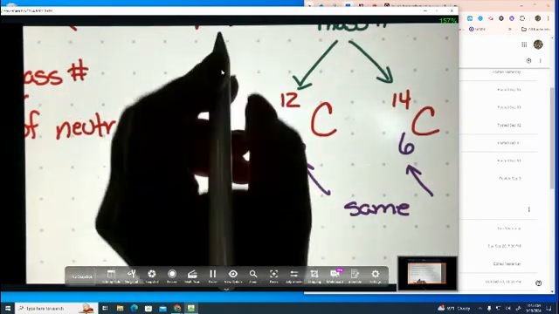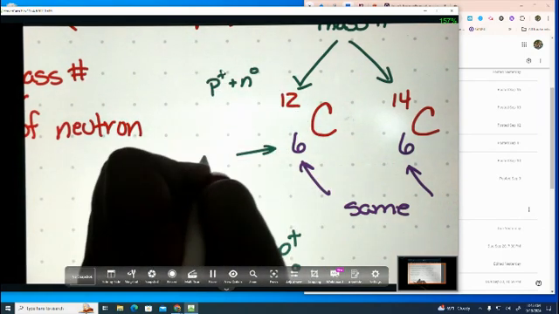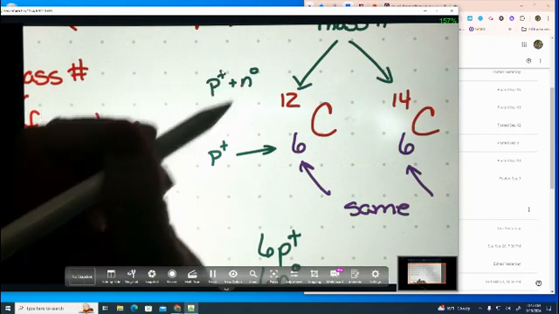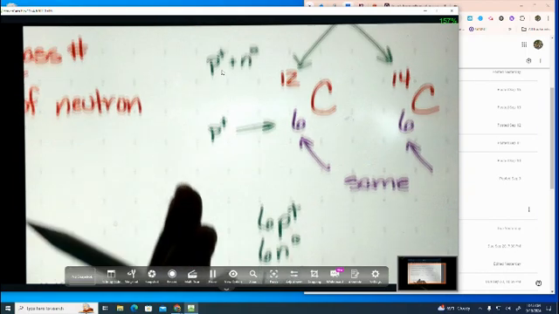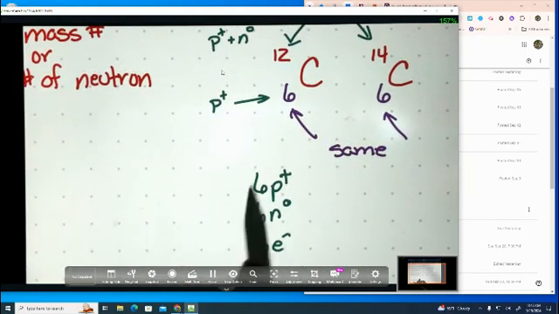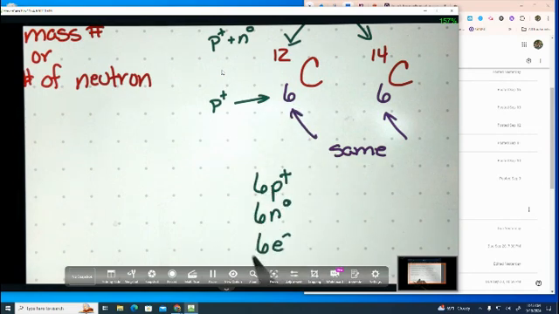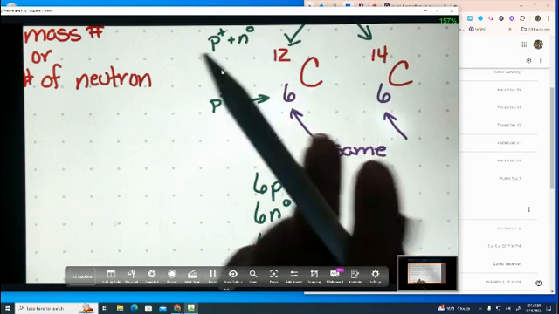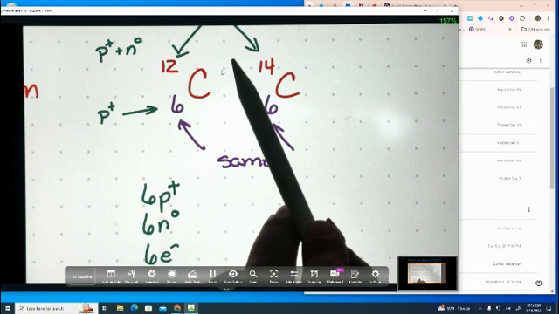Because this number, 12, is protons plus neutrons. This number is protons only. So this is protons and neutrons. This is protons. If I subtract them, I'm going to get neutrons. And then the electrons are because this number, 6, which was the number of protons, has to be equal to the number of electrons in a neutral atom. And this is neutral. We haven't done anything that's not neutral yet. When it's not neutral, there's going to be a number over here.